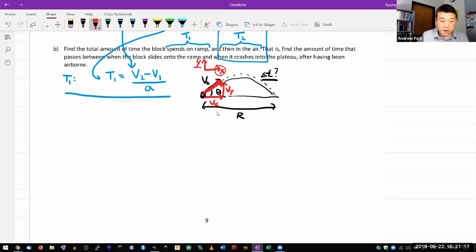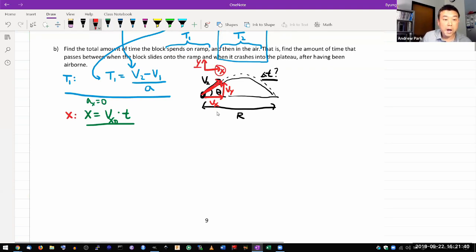So the parts that deal with the x component would look like the distance x is given by the initial x velocity times time. And because the acceleration in the x direction is 0, this is it.